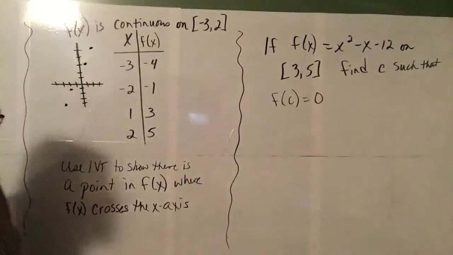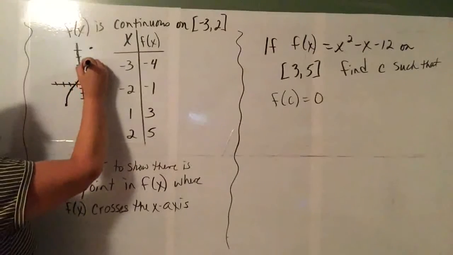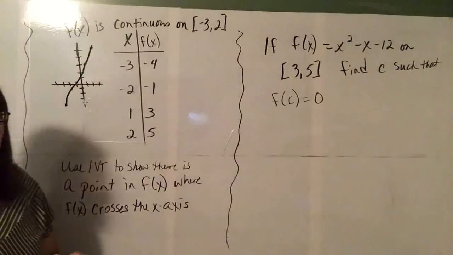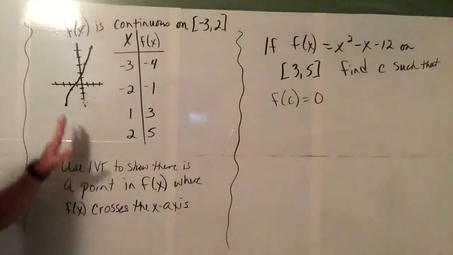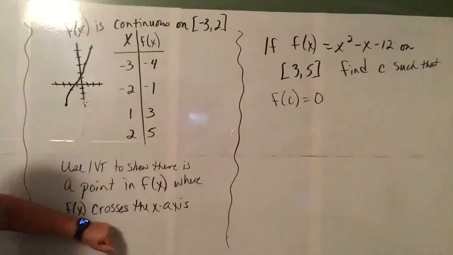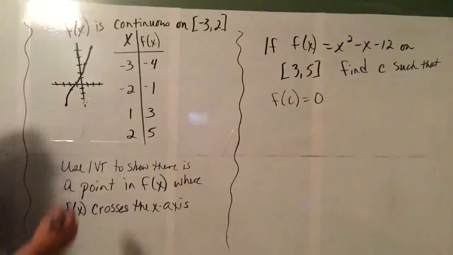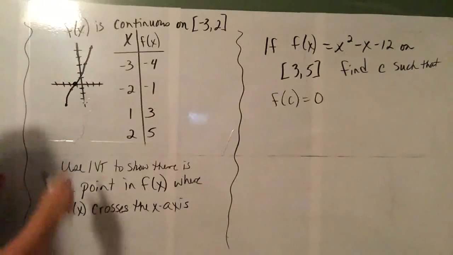Now, since they're telling us that this function is continuous, we know that the curve is just going to go through those points and it's never going to have any breaks or gaps in it. We can draw it without lifting our pencil. And so if they ask us to show that there exists an x where f(x) crosses the x-axis, well, we know that's going to happen about right here, because it's continuous.